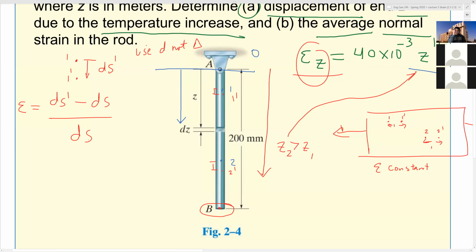That's just 1 point, okay? So what is the final length, right? So here's the question. What is the final length of 1 little point?